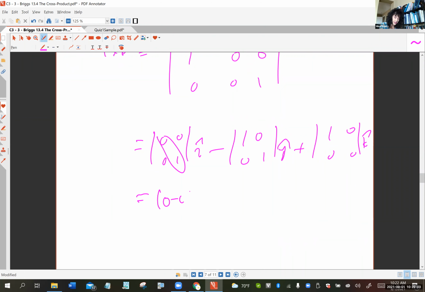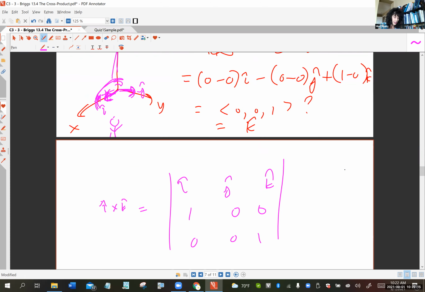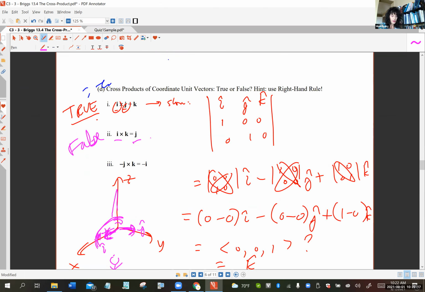Here I get 0 minus 0 i hat minus 1 minus 0 j hat plus 0 minus 0 k hat. So this looks like it's just going to give me negative j hat. Yep, it's going to give me negative, and this says positive, so it's definitely false. Okay. And then I'll let you try number 3.